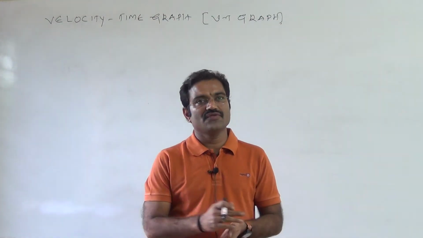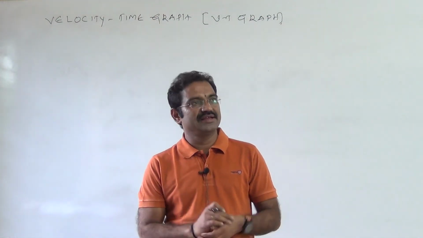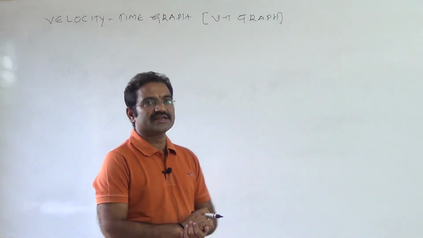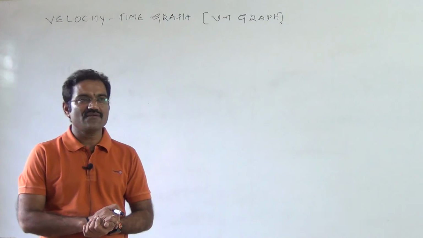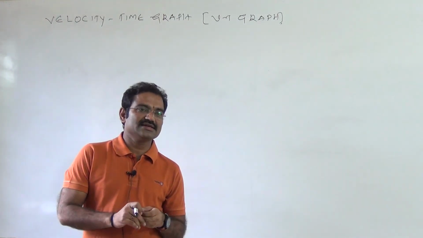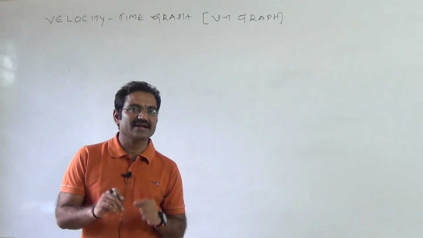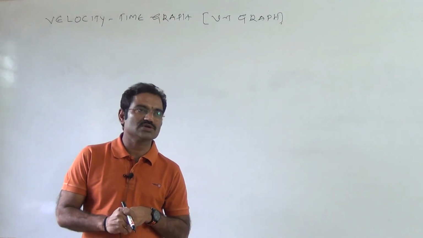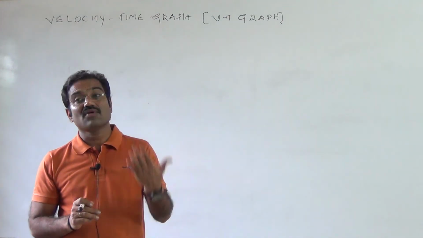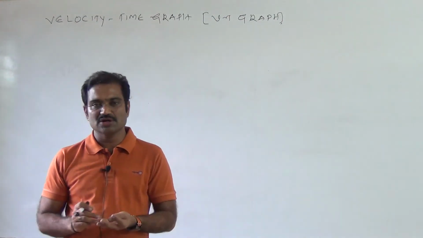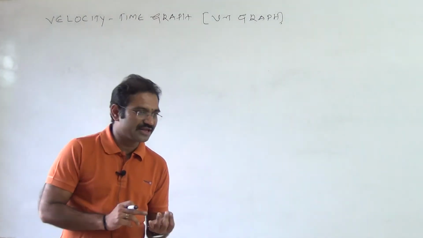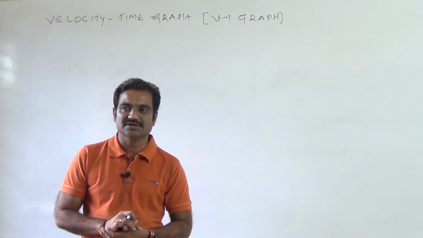If you take a discussion of the velocity, velocity is defined as rate of change of displacement. Rate of change of displacement means displacement divided by time taken, that is known as velocity. There are 4 types: uniform velocity, variable velocity, average velocity, instantaneous velocity.